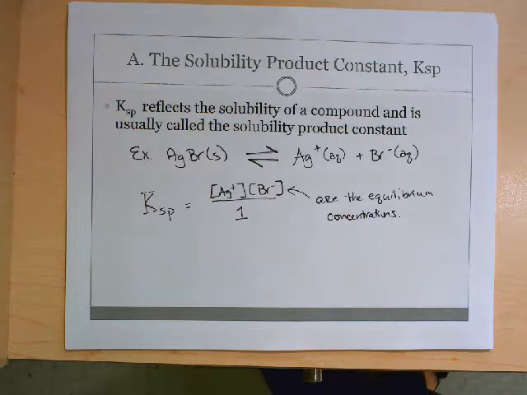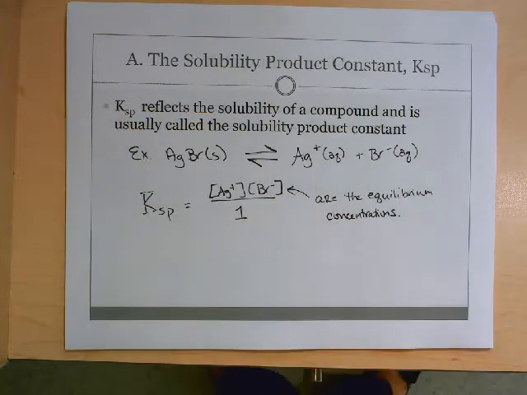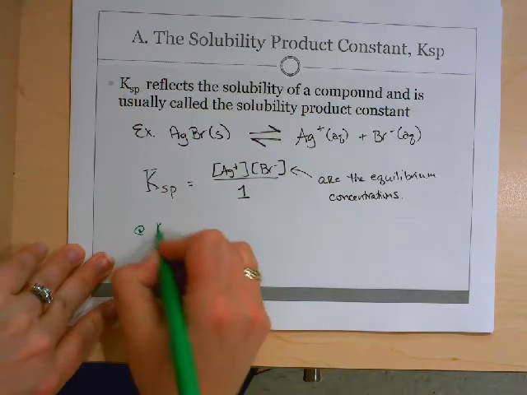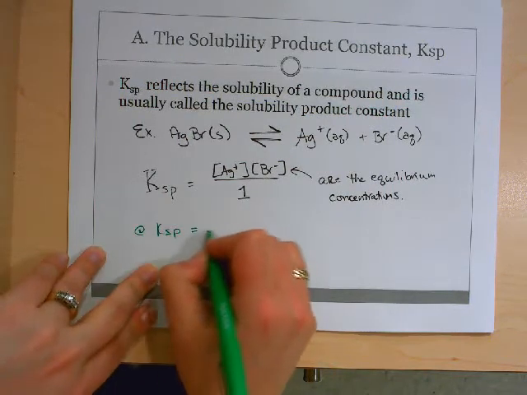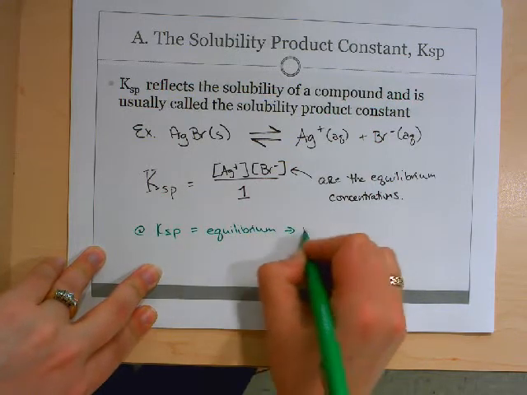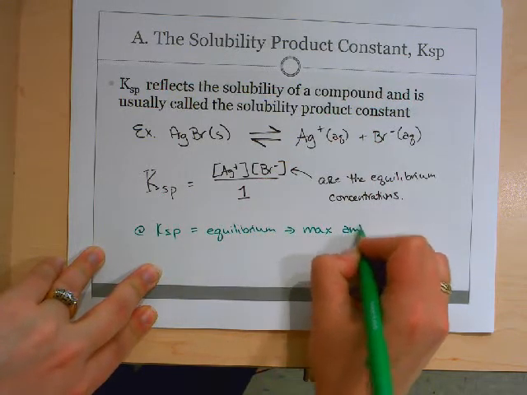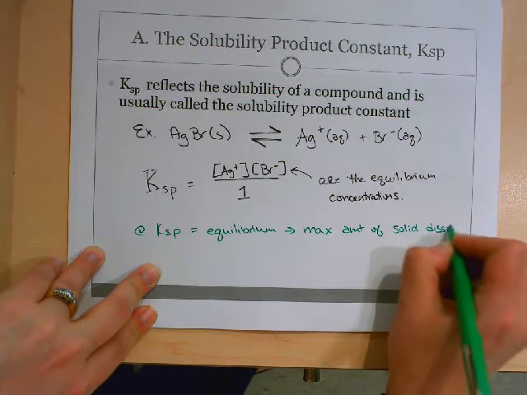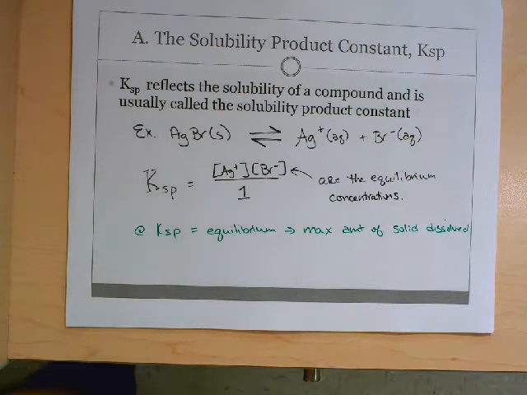If they are the equilibrium concentrations, will any more solid dissolve at this point? No. You're at the maximum amount of products being made. So you're at equilibrium, with the max amount of solid dissolved.